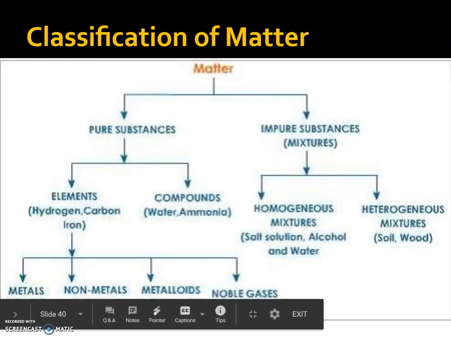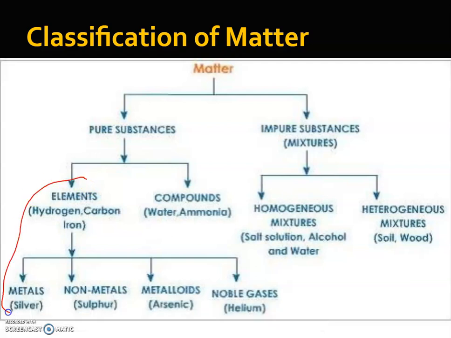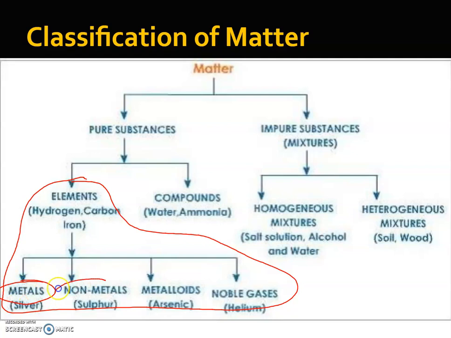And what we're going to do is really look down here at this section of the elements and how they're split up into metals, nonmetals, metalloids, and noble gases. Okay, so chemistry is the study of the composition of matter and the changes that they undergo.